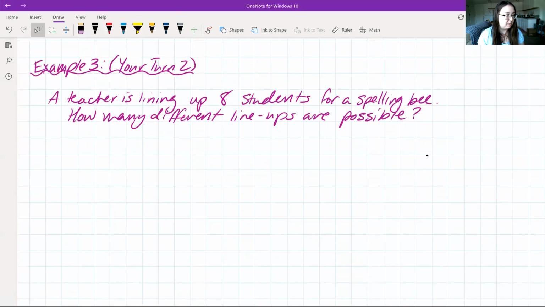All right. Moving on to example 3 here, which is going to be your turn, number 2. A teacher is lining up 8 students for a spelling bee. How many different lineups are possible?